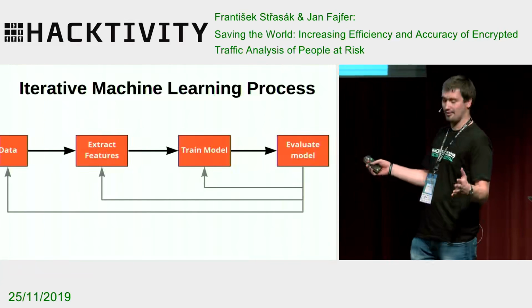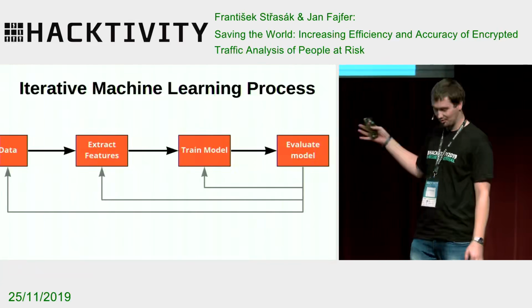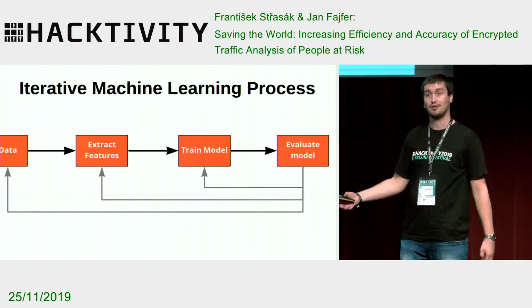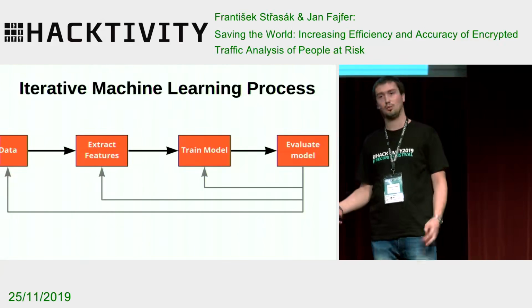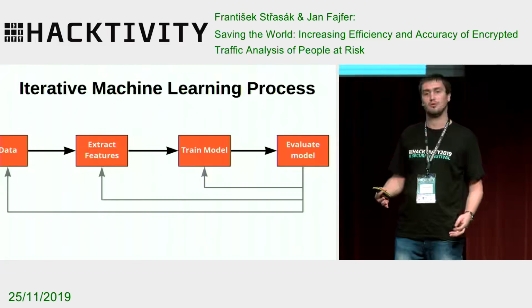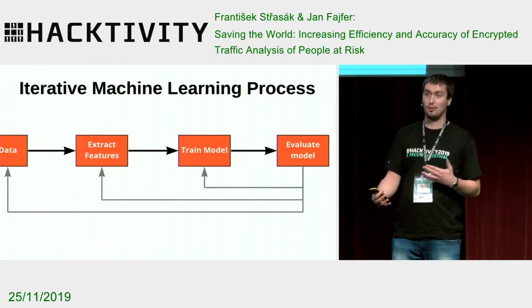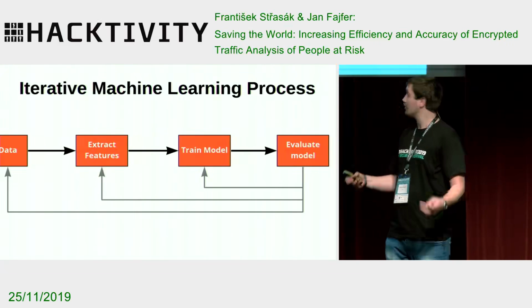In the beginning, we saw this picture of the normal scenario of the machine learning process. First, we needed data, enough and reliable data. Then we extract the features from that. It means that we have to understand the problem and do some research. What is actually malicious behavior? And then train the model.